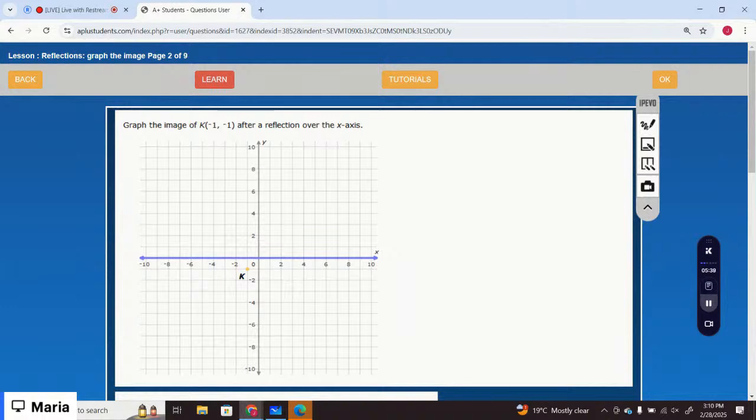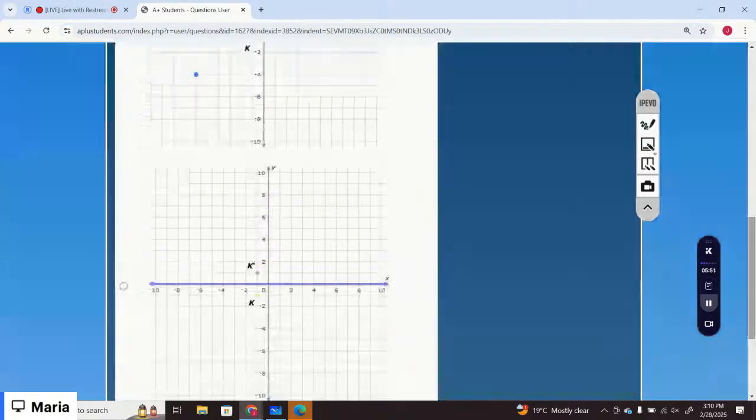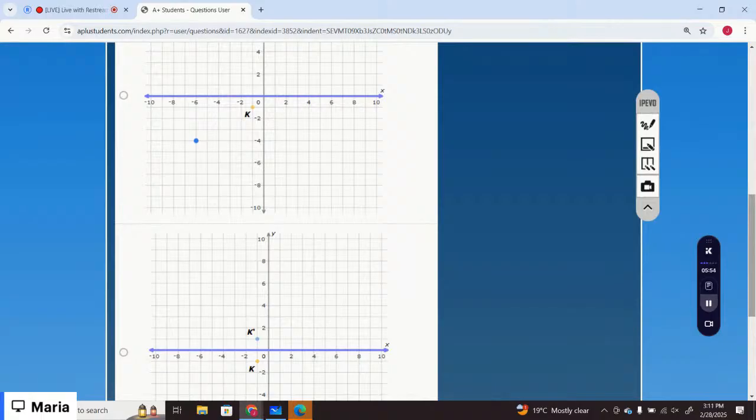Graph the image of point K (-1, -1) after the reflection over the x-axis. So the point (-1, -1) is reflected over the x-axis. So the reflected image would be option number 1, the correct option.